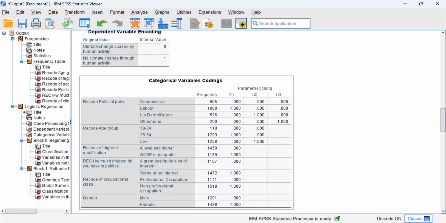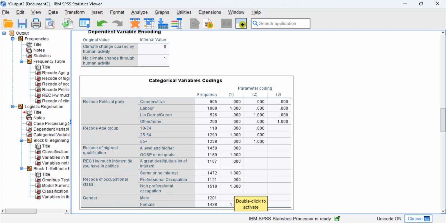So if we look at the recode of occupational class, again, the variable I'm going to have in my model is going to show whether people in a non-professional occupation are more or less likely to believe that climate change isn't happening compared to professional occupations, which is coded 0. How much interest you have in politics?